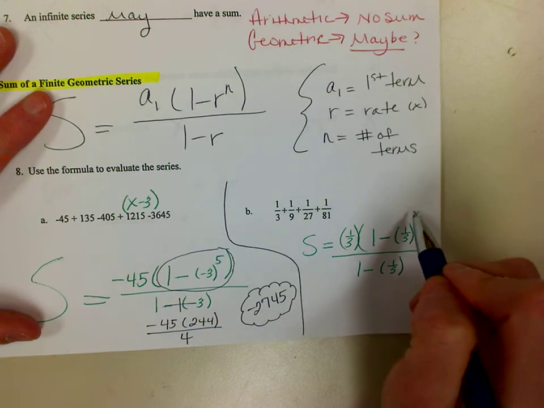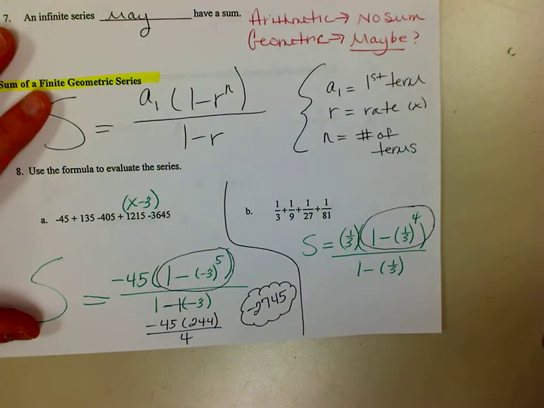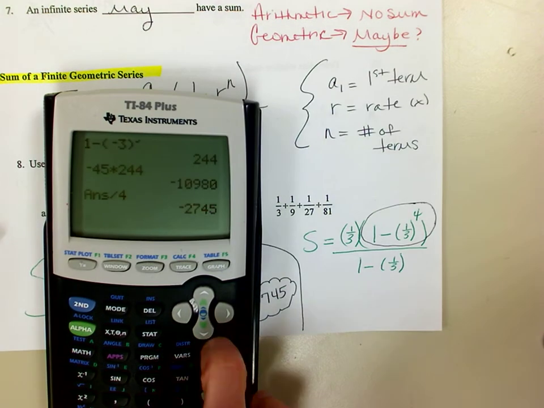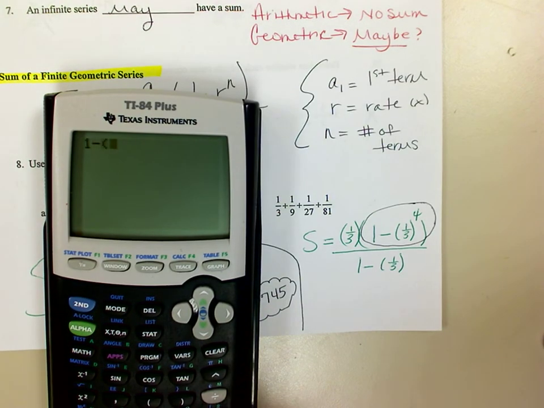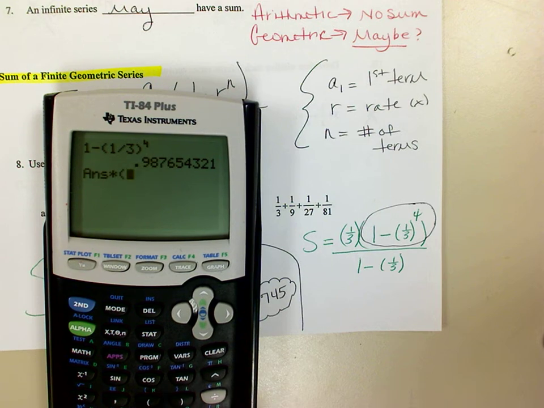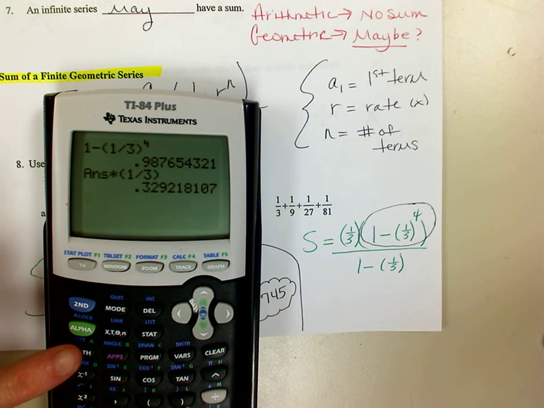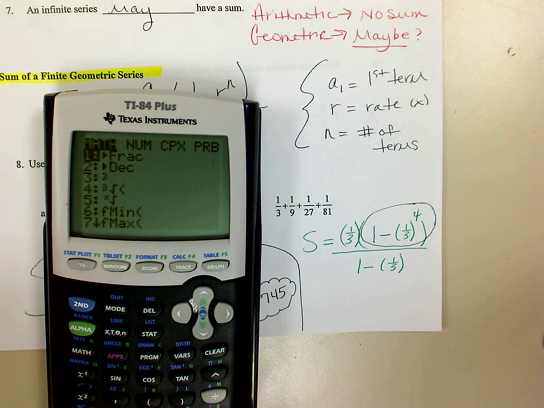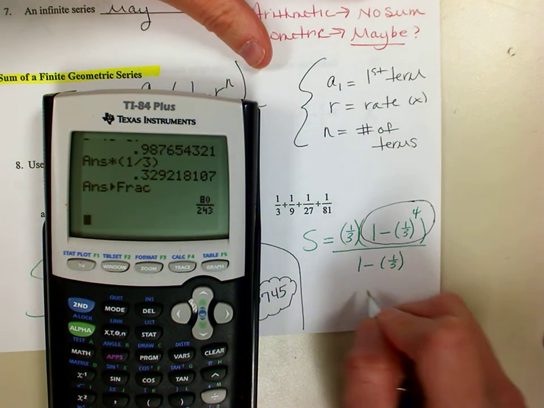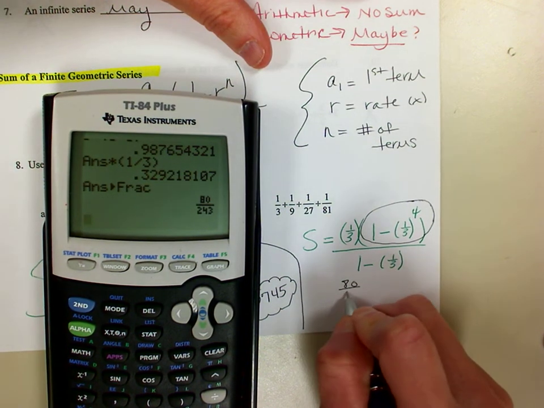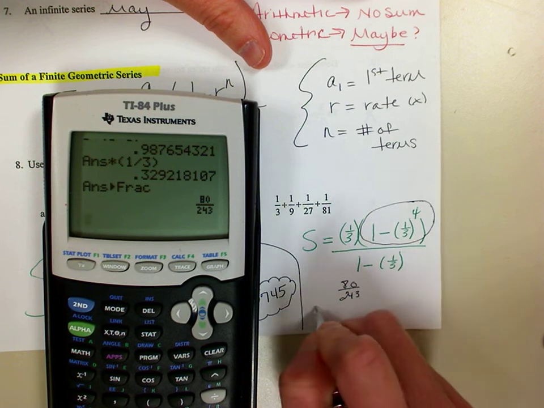All right, so you're going to put this in your calculator first to figure out what that is. I don't really care about it being a fraction until the end, so I'm going to multiply that now by 1/3. Now I'm going to make it into a fraction, because that's going to be my entire numerator. So math, enter, enter. That's 80 over 243.